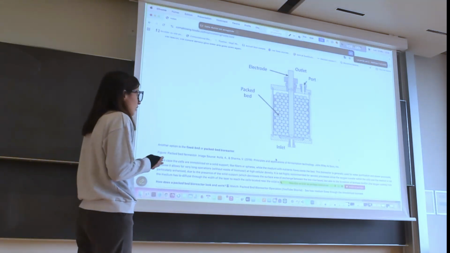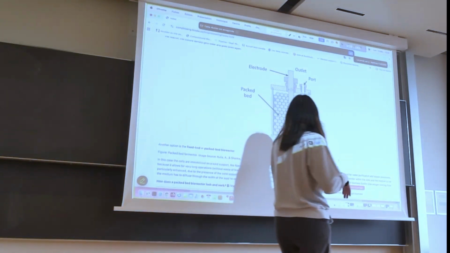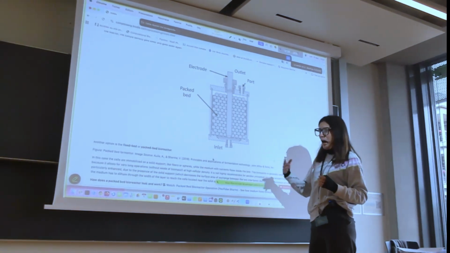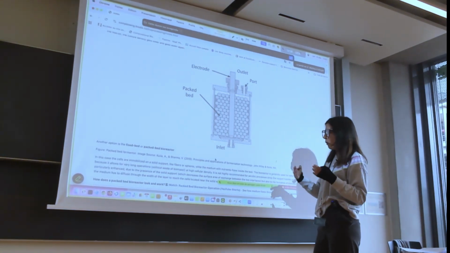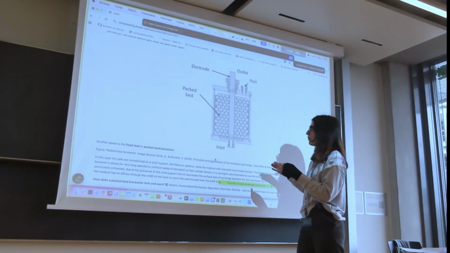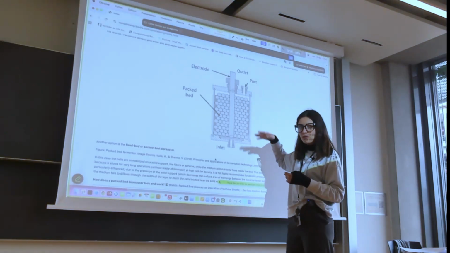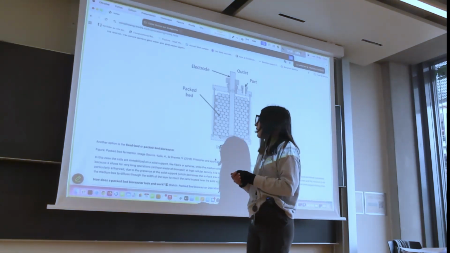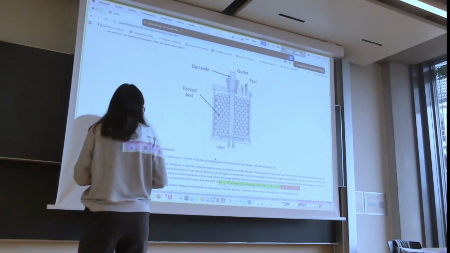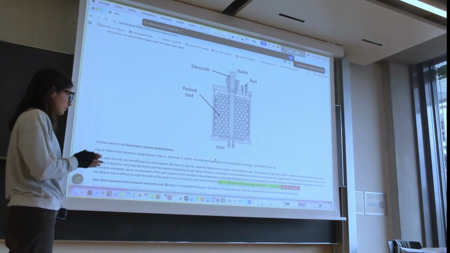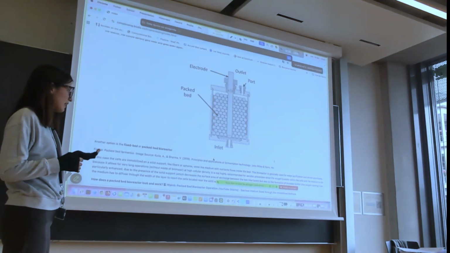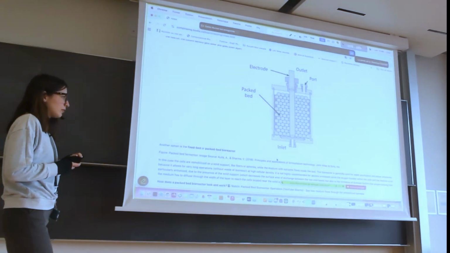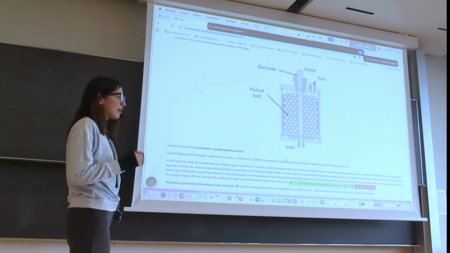So the flow with all the substrate, nutrients, etc., comes and flows through the bed, and so this kind of bioreactor is used for a very slow process.